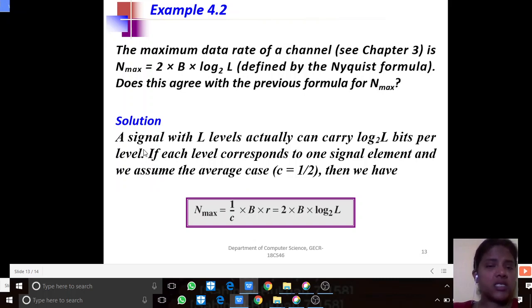A signal with L levels can carry log base 2 of L bits per level. If each level corresponds to one signal element, we assume the average case, C = 1/2. Then according to the maximum Nyquist formula, N max = (1/C) × B × R, which is nothing but 2 × B × log2 L. This Nyquist formula is given for the bandwidth, and here it is given by the signal rate. Both are one and the same.